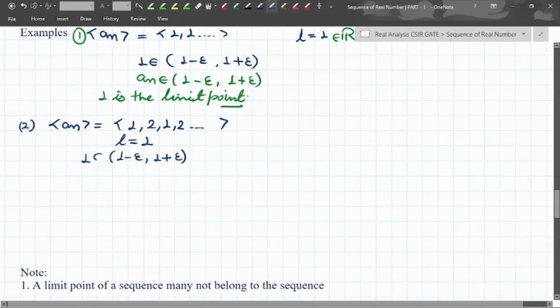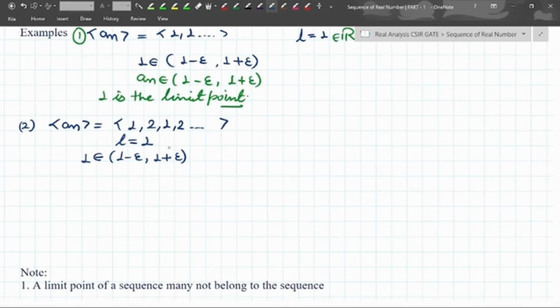So 1 is contained in this, but 2 is not. But I can't say 2 is not contained in this. If epsilon is very small, then I can say, but right now I can't make any statement.